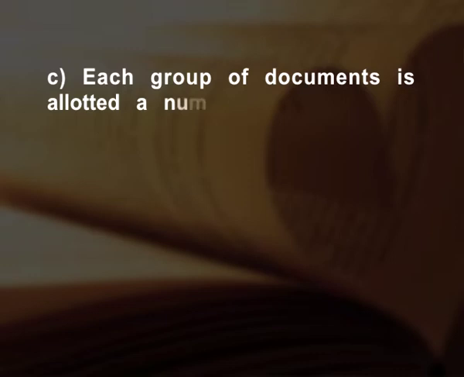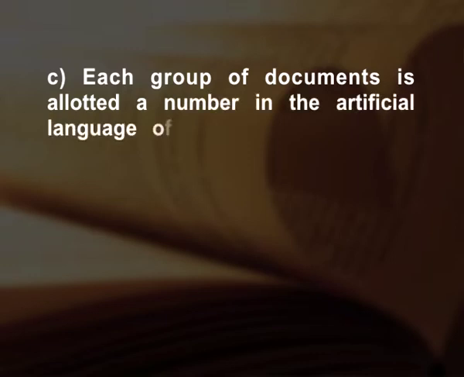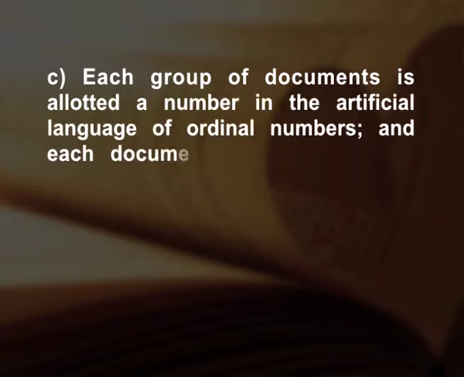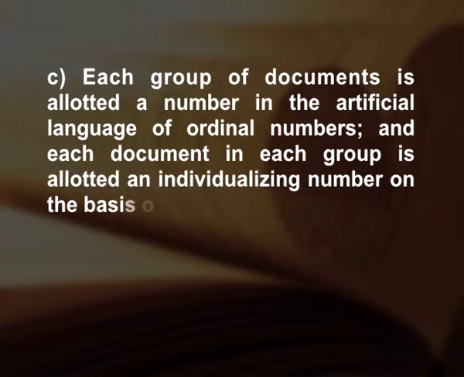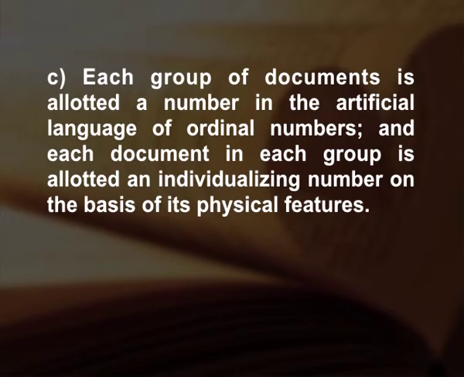Each group of documents is allotted a number in the artificial language of ordinal numbers, and each document in each group is allotted an individualizing number on the basis of its physical features. This kind of classification and arrangement of documents increases the utility of the library collection by creating a systematic order and thereby providing a comprehensive view of the documents.